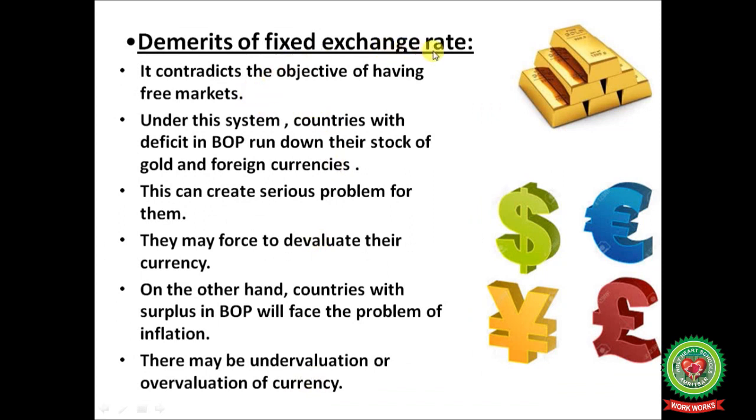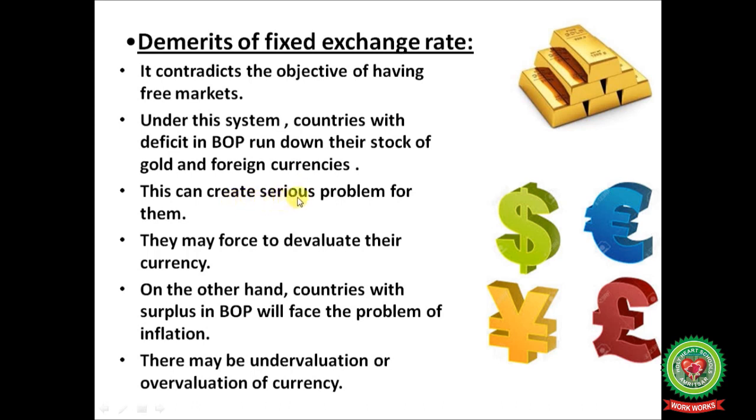Demerits of fixed exchange rate: it contradicts the objective of having a free market, where the prices are adjusted according to the market demand and supply. Under this system, countries with a deficit in balance of payment run down their stock of gold and foreign currencies.